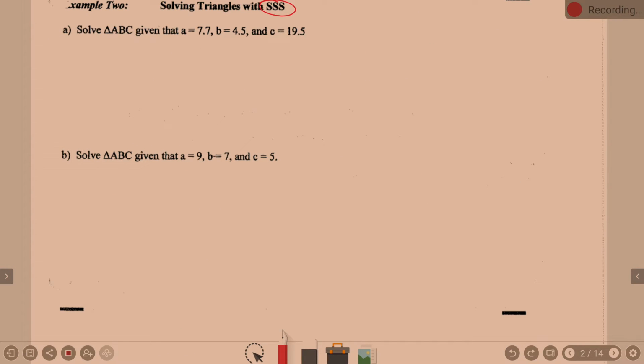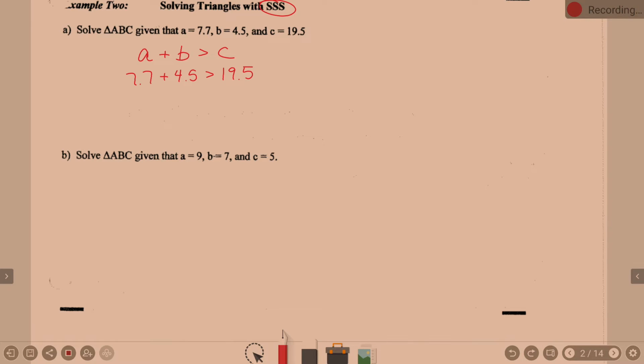Doesn't work. The idea that A plus B, because they're the two smaller sides, needs to be greater than C. So 7.7 plus 4.5 needs to be greater than 19.5. Ain't gonna happen.